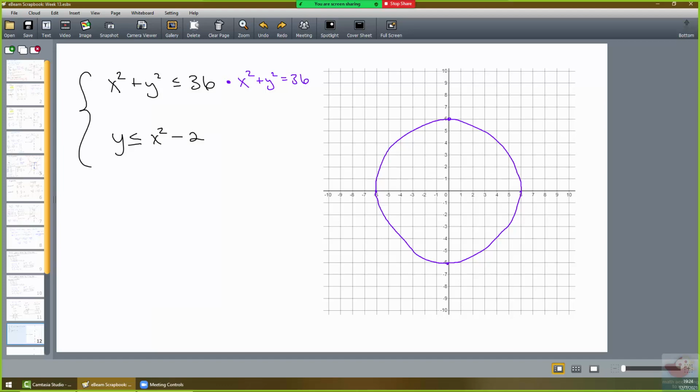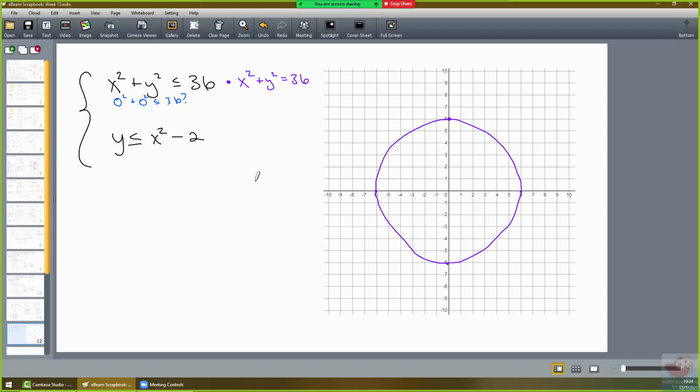The next step is to pick a point that is not on the curve itself. 0, 0 is a common option. So if I picked 0, 0, which is inside the circle, I would, off to the side, put in 0 for x and 0 for y. And I would ask myself, is that true or false?